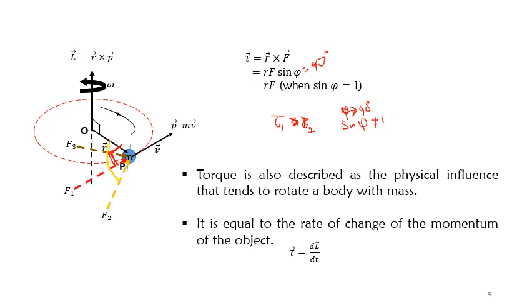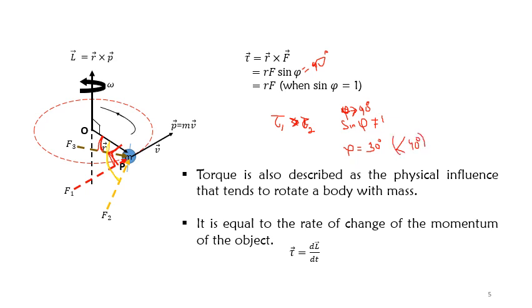Likewise, in this case we have this angle, which is much lower than 90 degrees. Let's assume it is 30. So in this case, let's assume that we have phi equal to 30 degrees, which is far less than 90 degrees.